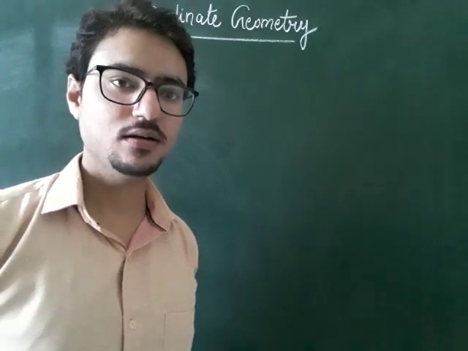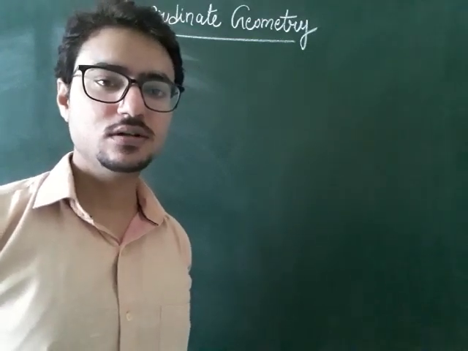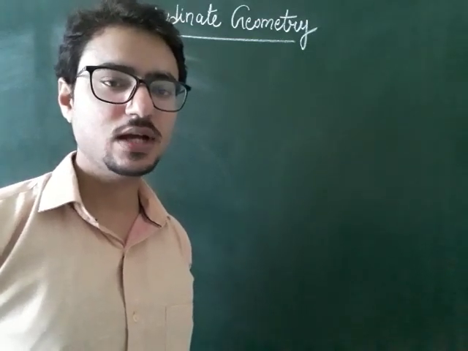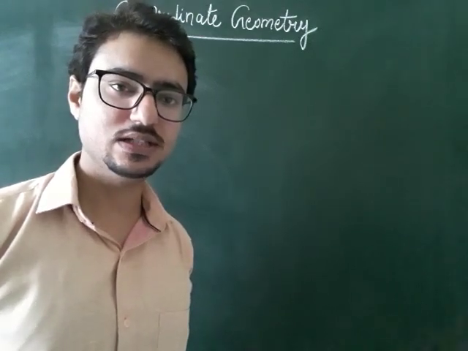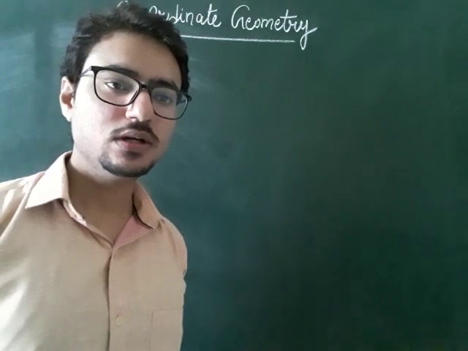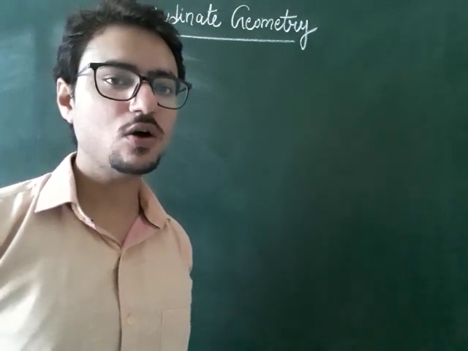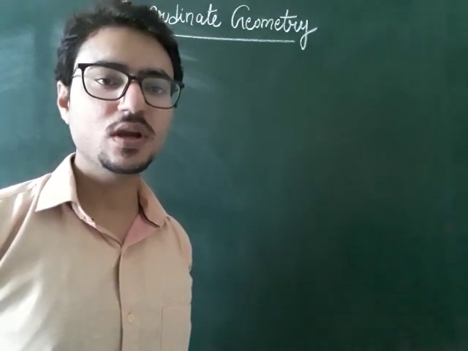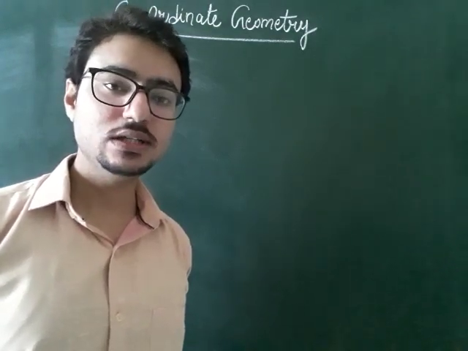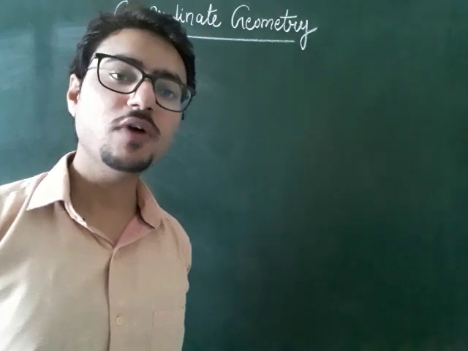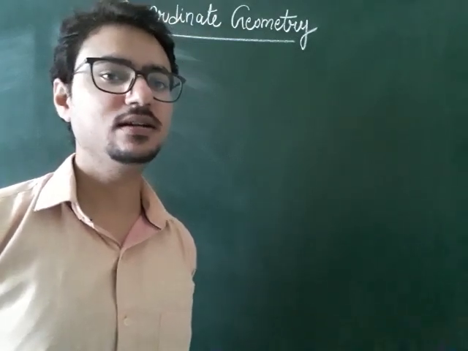Coordinate geometry of class 9th. Students, this is your chapter number 3. So you need to understand the meaning of coordinate. Coordinate geometry means to find out the location of any object exactly.